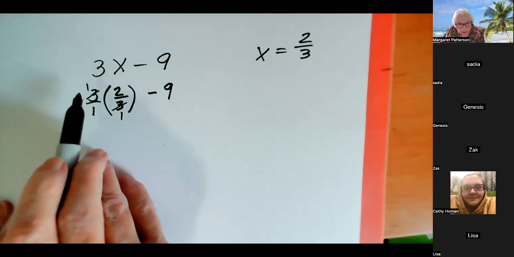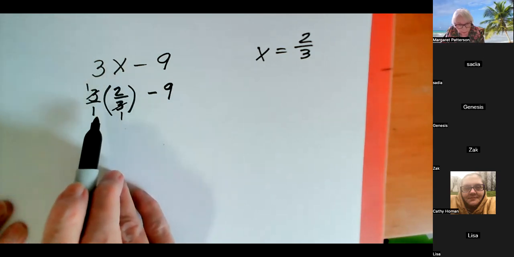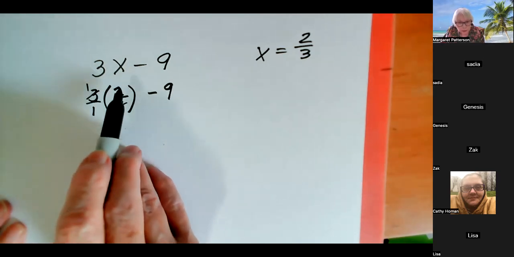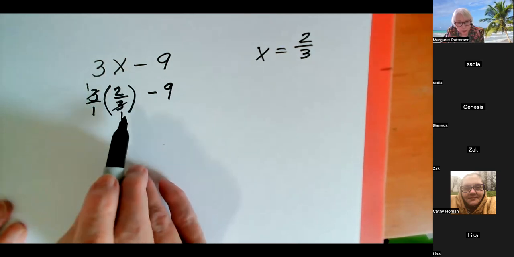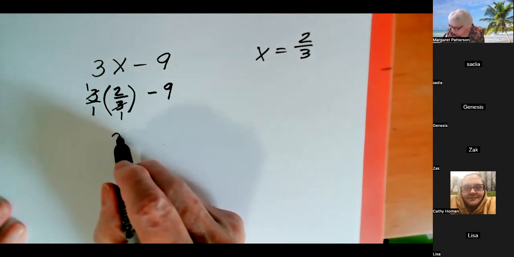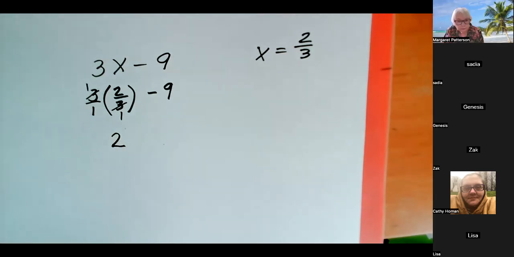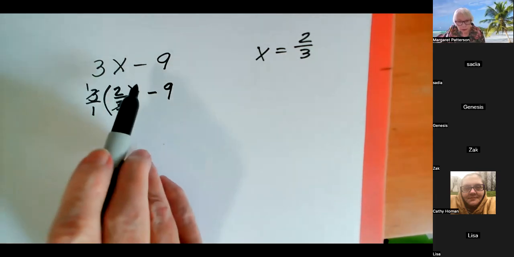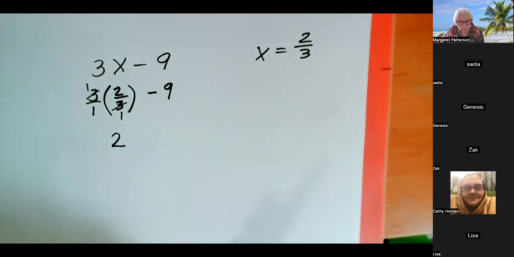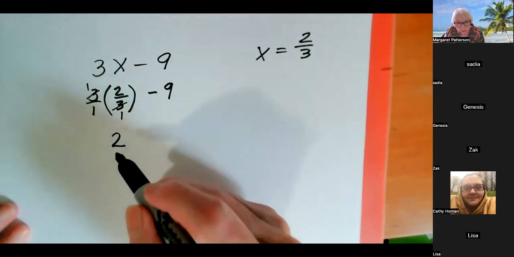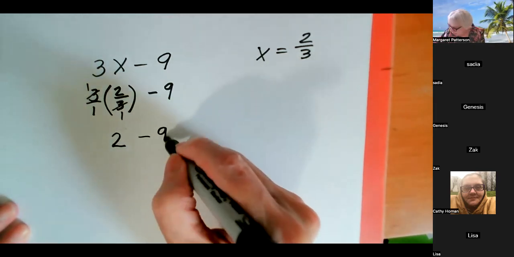And so I'm really just simplifying this part here. And so it's 1 times 2 is 2. 2 over 1 is just plain ordinary 2. That's the simplest version. Then I have to subtract 9.